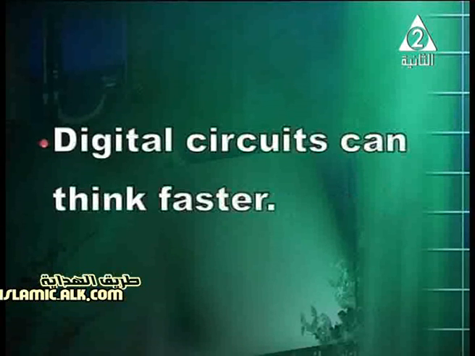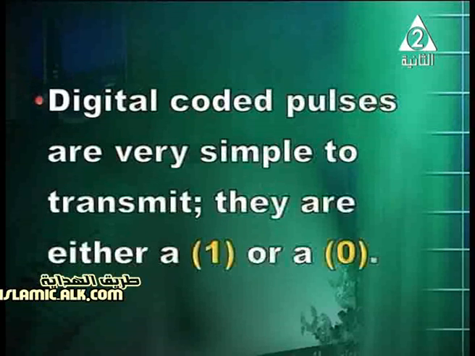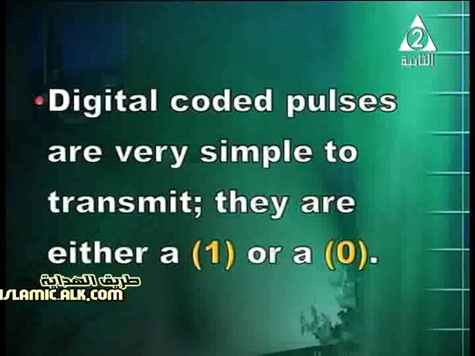Digital circuits can think faster, and here it is very important to give the reason why digital transmission is preferred to analog. Digital coded pulses are very simple to transmit.